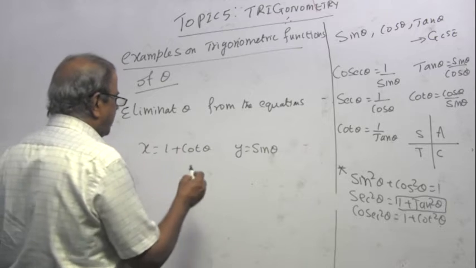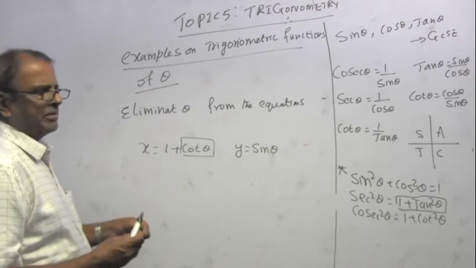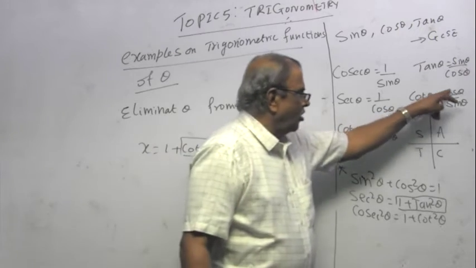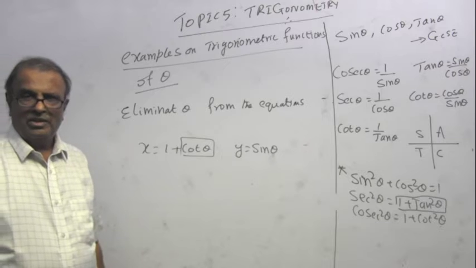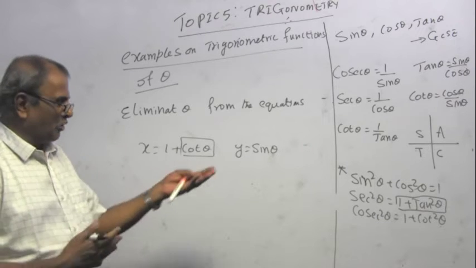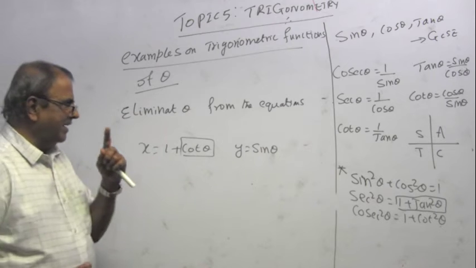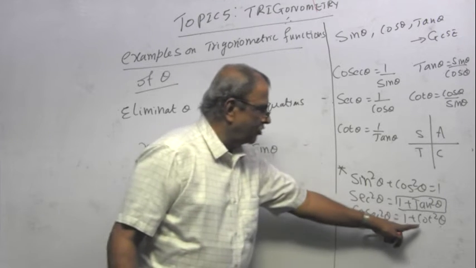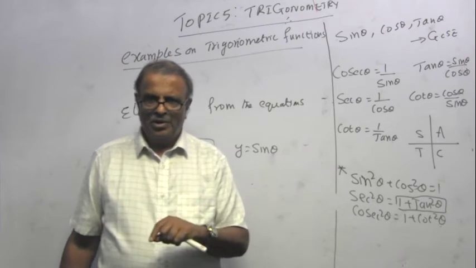So look at this. Cot theta is there. Cot is cos over sine. So if I want to link cot, I need cos and sine. I have sine, I don't have cos. So one way of doing it will be cos squared is 1 minus sine squared, and then I could do that. Instead, you see, cot squared is related to cosec squared.